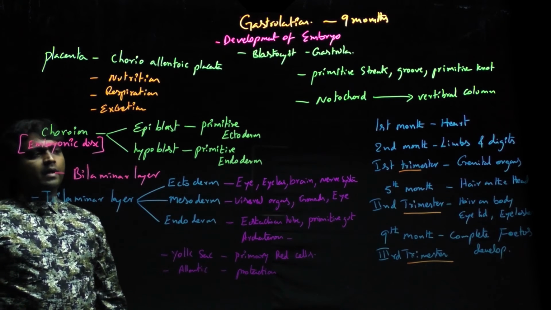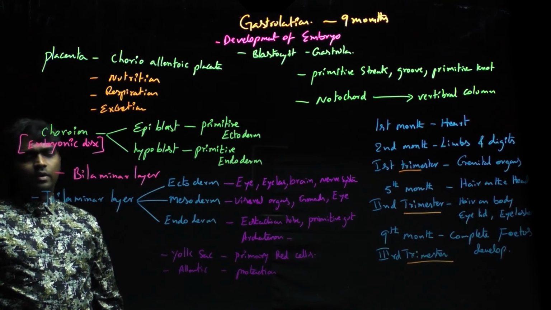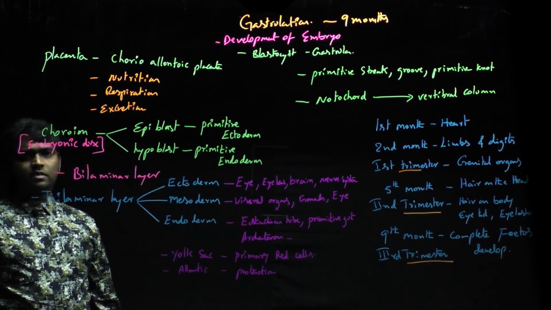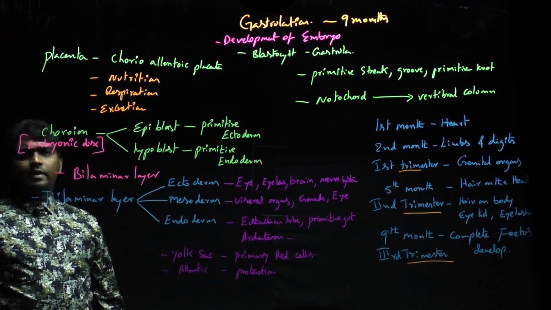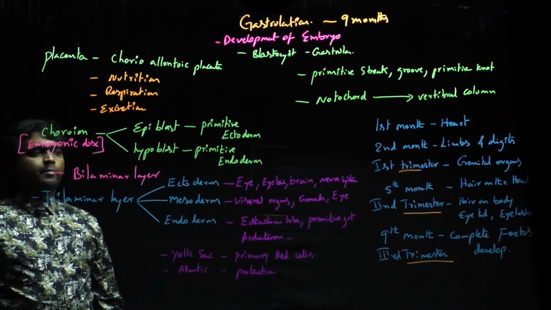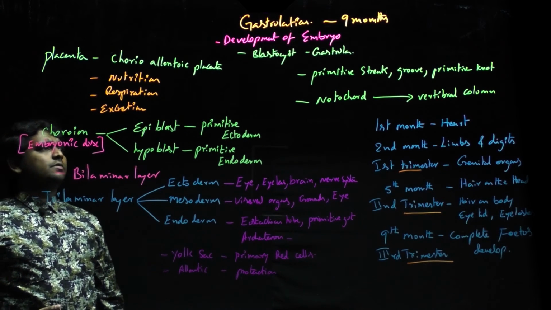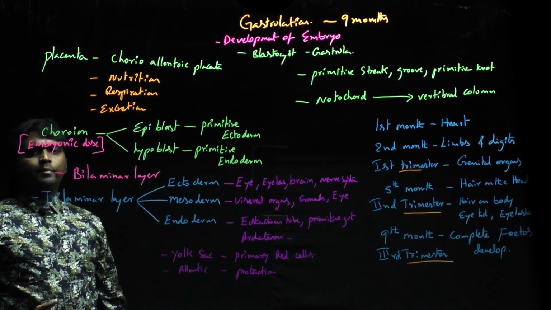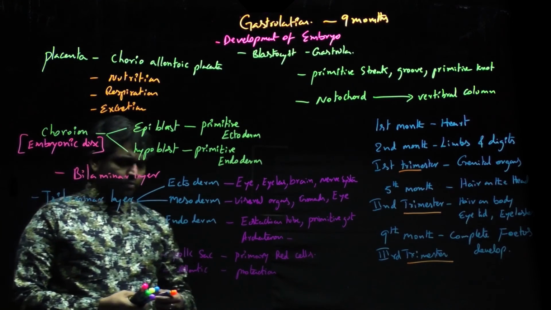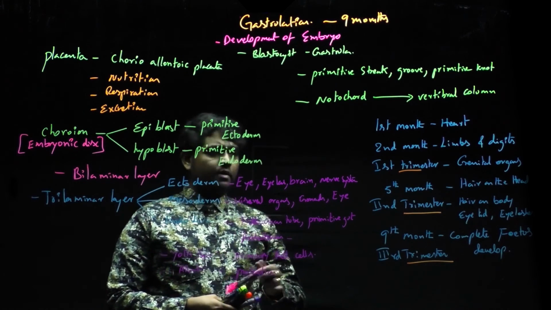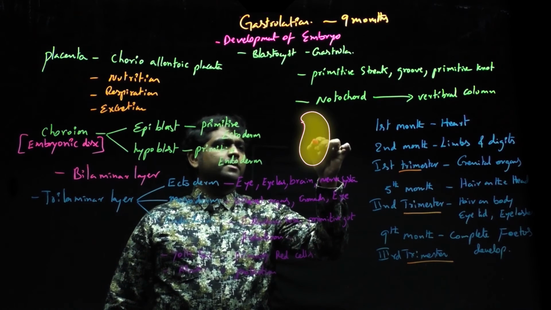Ectoderm will provide the eye lens, brain and nervous system. Mesoderm will provide visceral organs and gonads, and endoderm will provide the eustachian tube and the gut, the alimentary canal. Yolk sacs will provide the primary red cells, and the allantois and amnion will provide protection. After the trilaminar stage, the embryo gradually forms. The embryo becomes elongated, starting from the primitive streak.